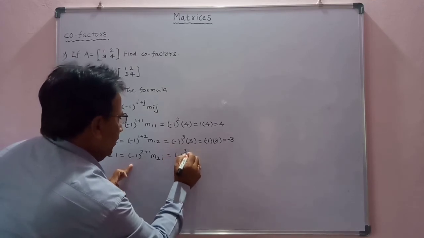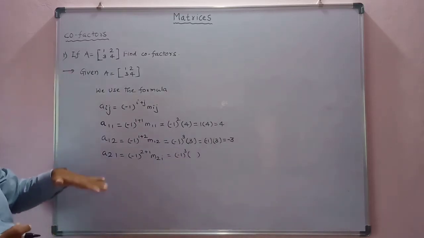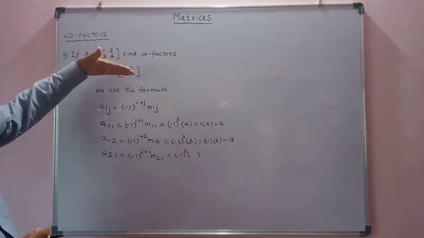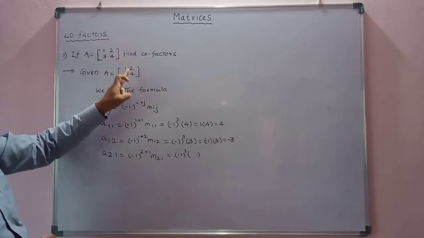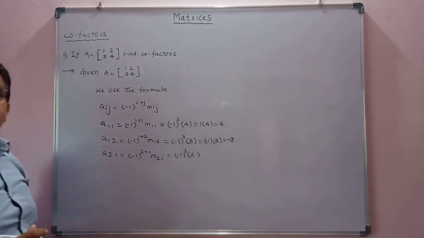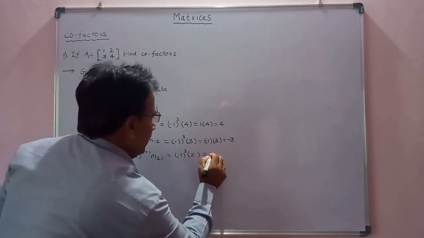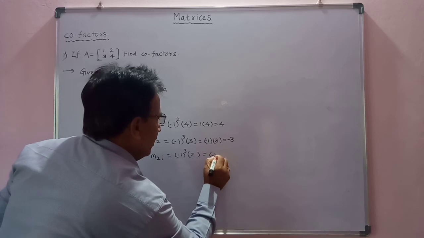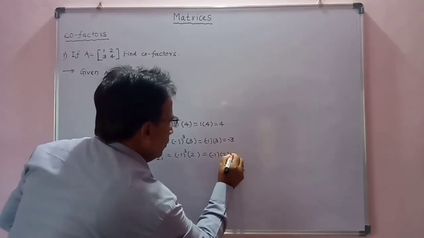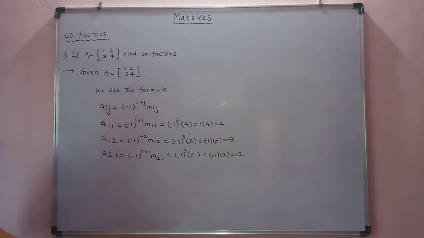Minus 1 raised to 3 into the value of m21. m21 means leaving off second row, first column. This minor is 2. Minus 1 cube into 2. Minus 1 cube is minus 1, into 2. This cofactor is minus 2.